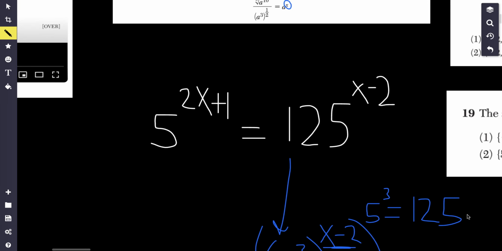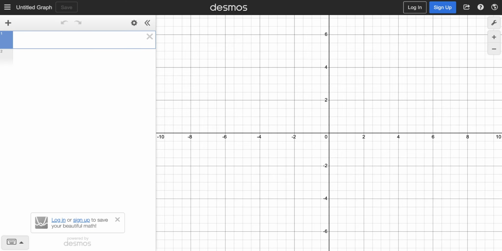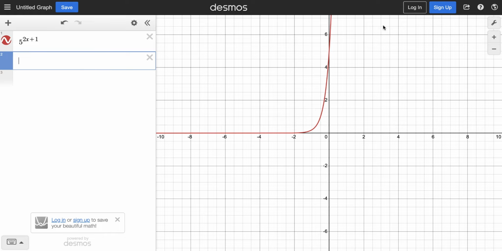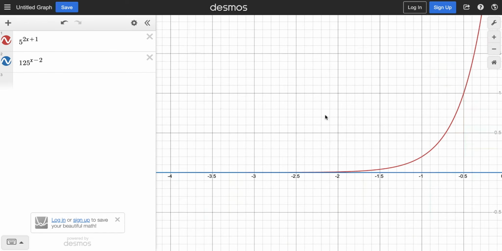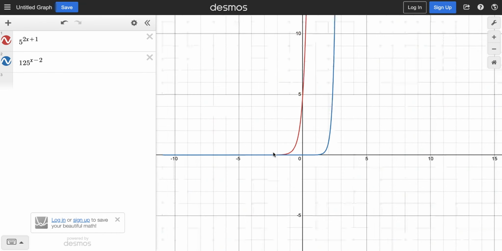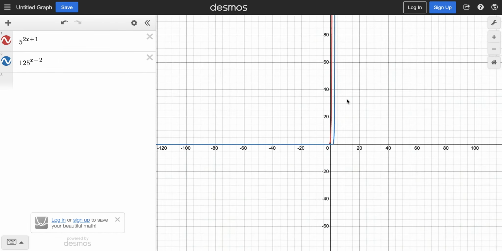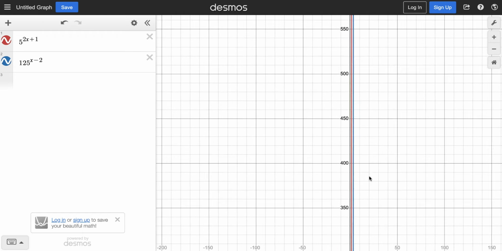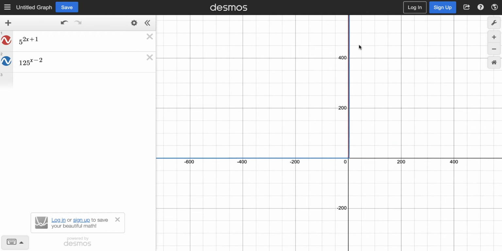Now, let's see if this is actually true, so we can once again check our answer with our graphing calculator. So we have 5 to the 2x plus 1, and then we have 125 to the x minus 2. Notice how it does have an intersection point. So let me actually, I have to really zoom out for this, but shoot.